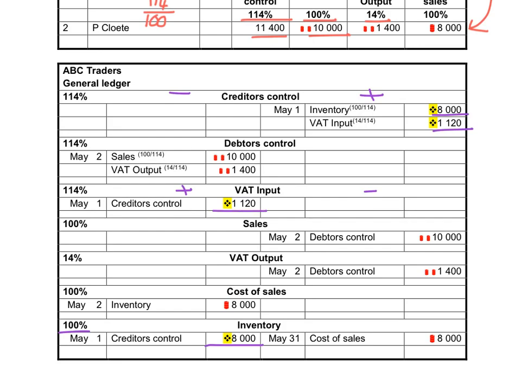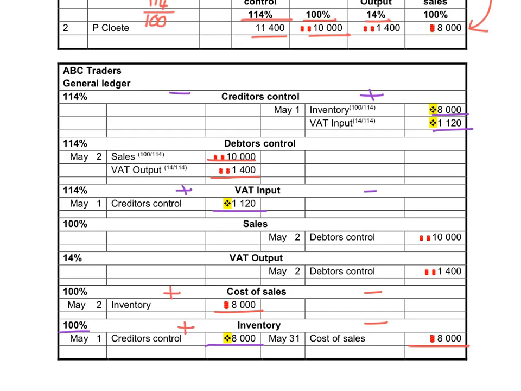When we sell the goods, we take this inventory out of our inventory, so my assets will decrease on the credit side with the 8,000. Cost of sales, that's an expense, will be debited with the 8,000. We calculate the total amount that's owed by the debtors, and we will debit the debtors with both the amounts because they owe the sales price and the VAT.